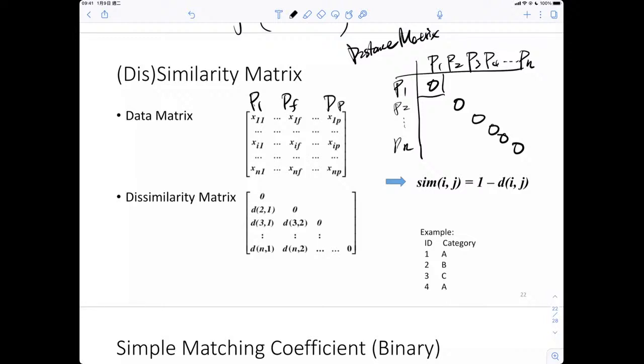And this matrix is symmetric, 就是它是对称的嘛, right? At this cell, that means what is the distance between P1 and P2? And right here is the same. What is the distance between P1 and P2?